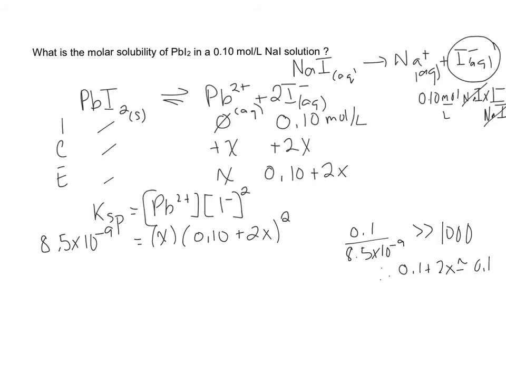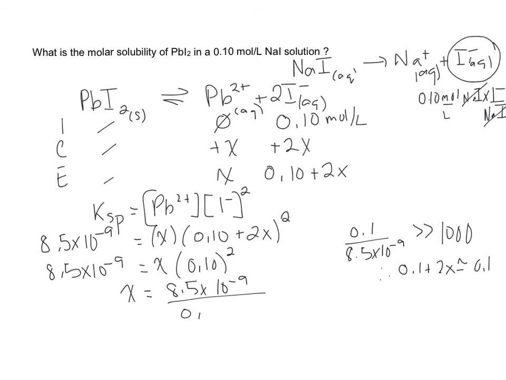All right. So now we have 8.5 times 10 to the negative 9 equals x times 0.1 squared. So now x is going to be equal to 8.5 times 10 to the negative 9 divided by 0.1 squared.